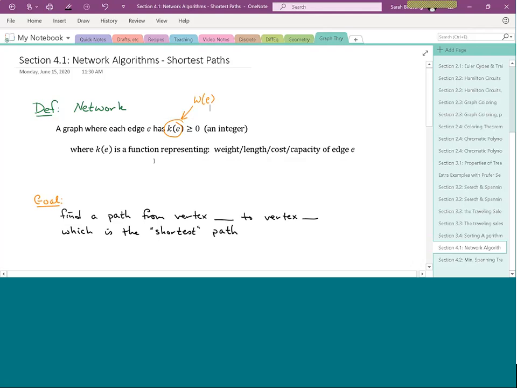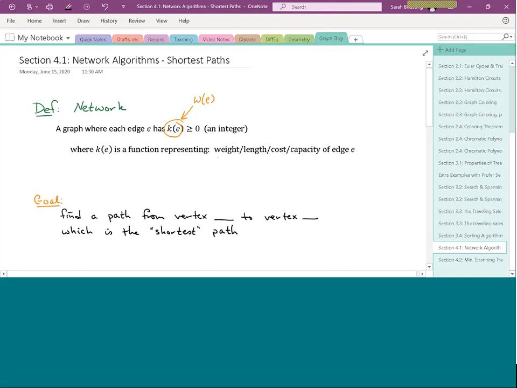So the deal here is this K of E, your book calling it K, is some function, and it represents either weight associated with the edge, weight being a generic term right here, or length connected to an edge. Technically, edges in a graph don't have a length you can measure, so the length here refers to whatever the graph is representing physically. It's also a generic term that people use.